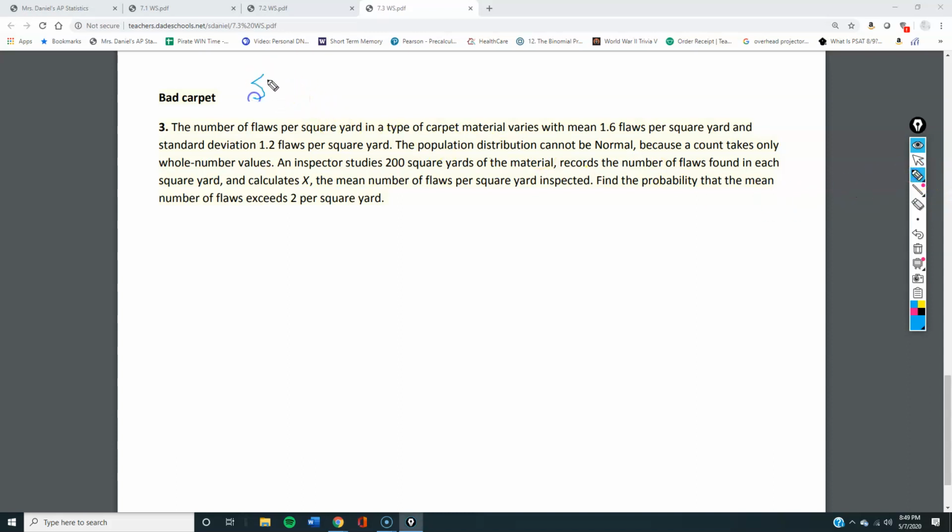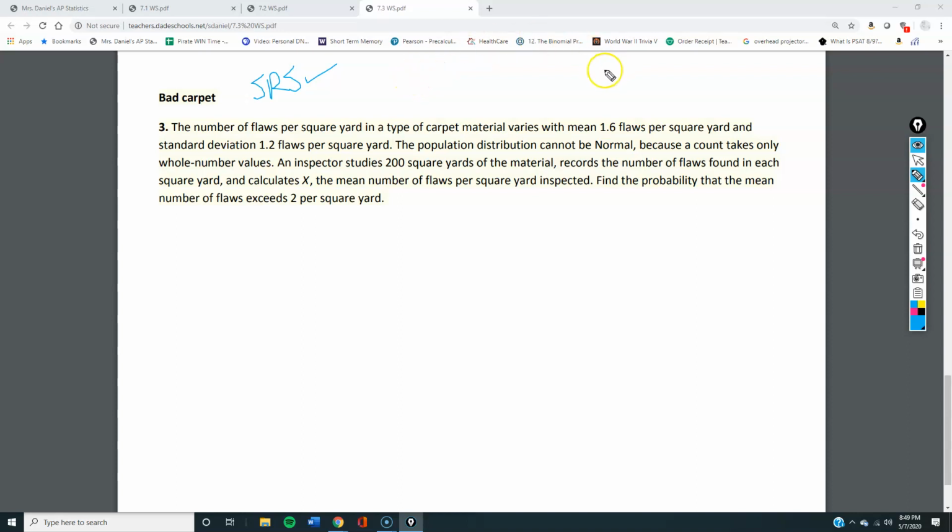Check conditions as you go. Is it a simple random sample? It doesn't say so. I don't know. Is it normal?